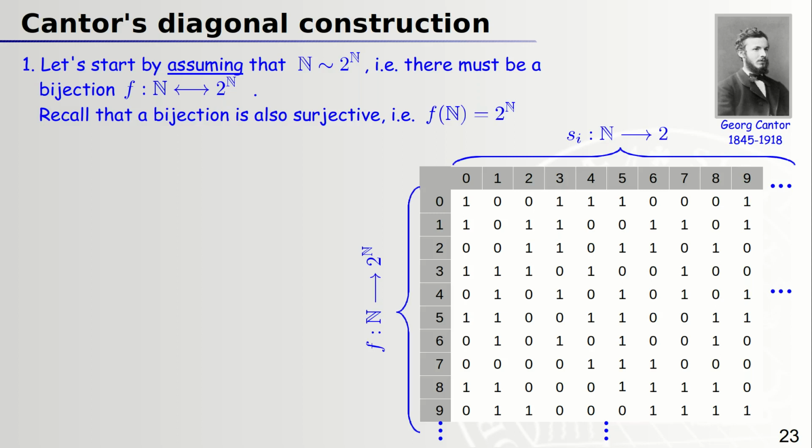Note that for this example, the actual zeros and ones inside the table do not matter. What does matter is that every sequence in it is different from every other in at least one position.